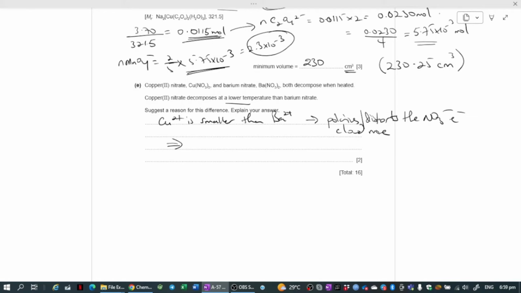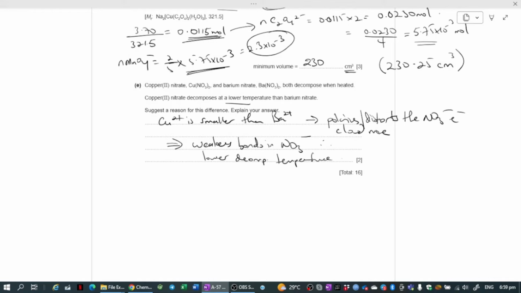Therefore, this distortion, because it's a smaller ion and it's more polarizing, weakens the bonds in the nitrate. Therefore, lower decomposition temperature.